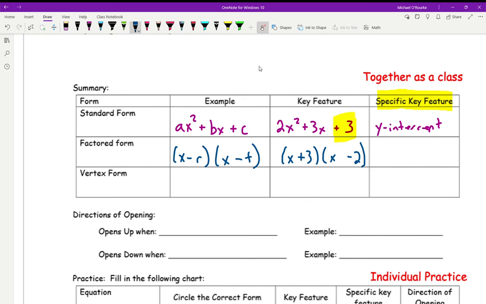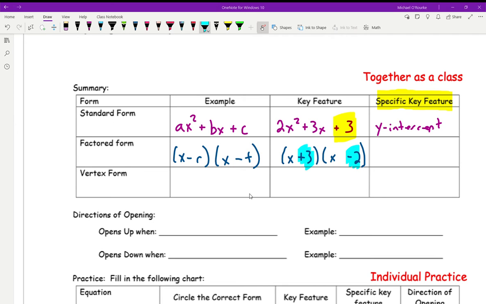But what information do we get out of here? We're going to look at these two places right here. Now remember, inside the brackets is the land of the opposites, as we always say. So if we look at this one, we have x minus 2 and x plus 5.